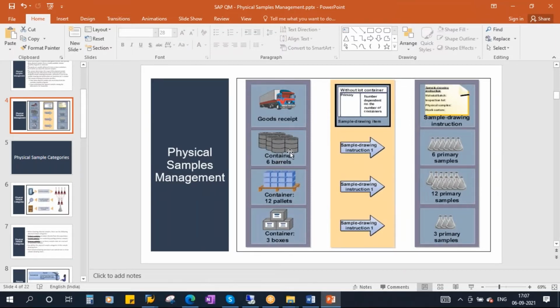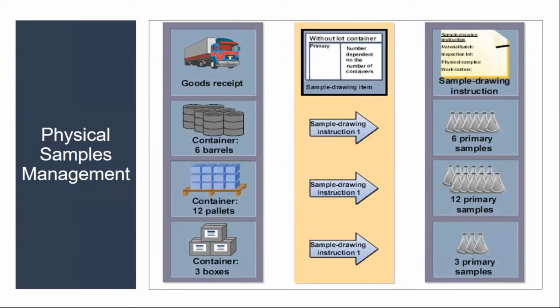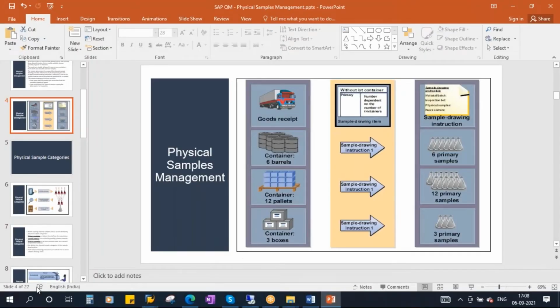From each barrel you are taking a sample, so your primary samples are 6. You are taking a sample from each container. Let's say you received a material in 12 pallets and you take a sample from each pallet. Then you have 12 primary samples. Primary samples are always directly taken from the population, from the total quantity.